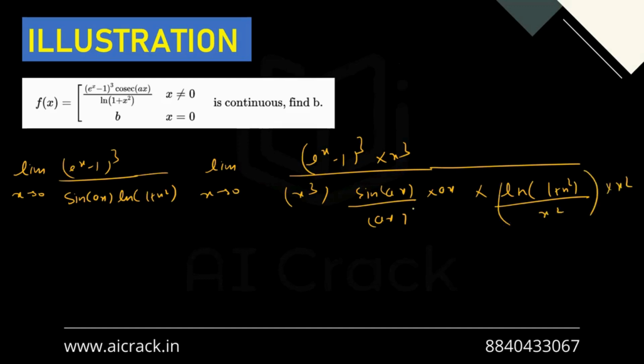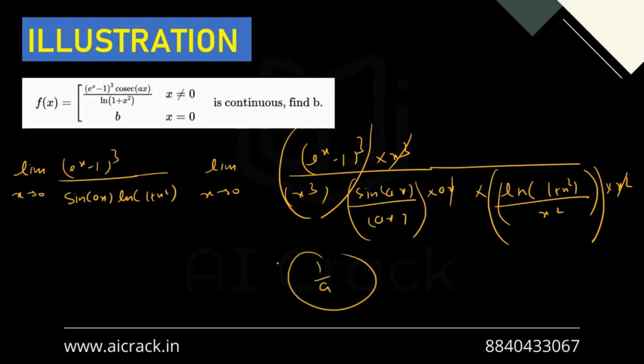Now this is a standard limit, this is a standard limit, and this is a standard limit. So this x square and this x cube get cancelled out, and we are left with a over here. Now this first limit is 1, this second limit is 1, and this third limit is also 1. So what we are getting over here is 1 by a as the answer. So b equals 1 by a, and in that case the function would be continuous.